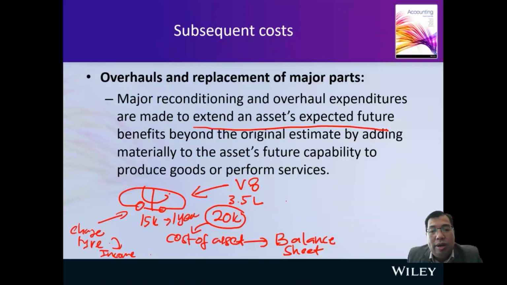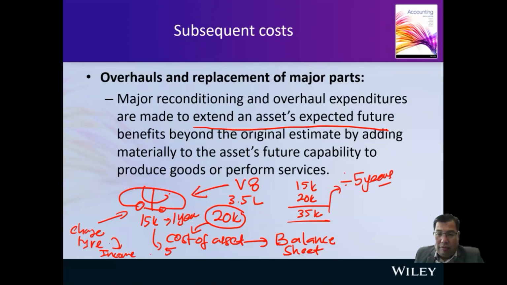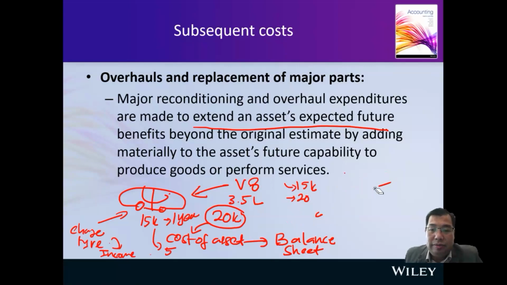After you replace it with the new engine, this 15,000 plus the new engine 20,000 makes the new cost 35,000, and this car can last for another 5 years. So you divide the depreciation over 5 years, providing depreciation based on the balance cost plus the additional cost. So it makes 35,000, and then you divide by 5 years.